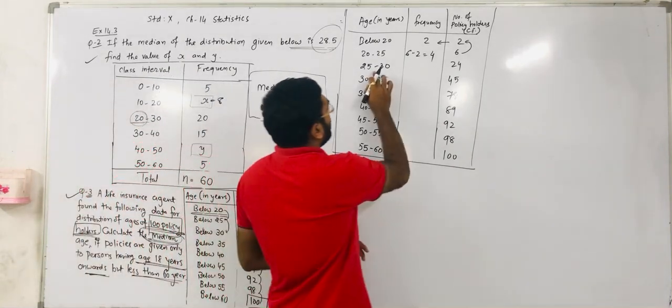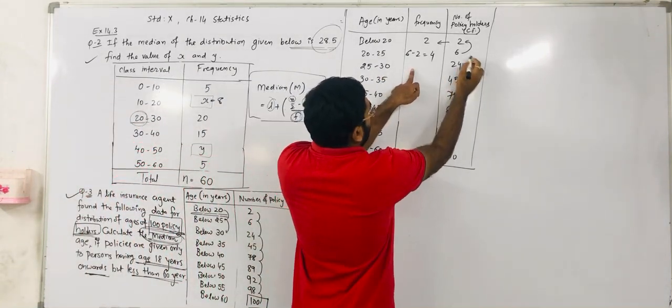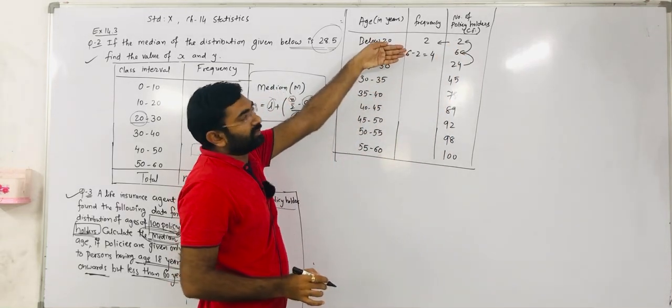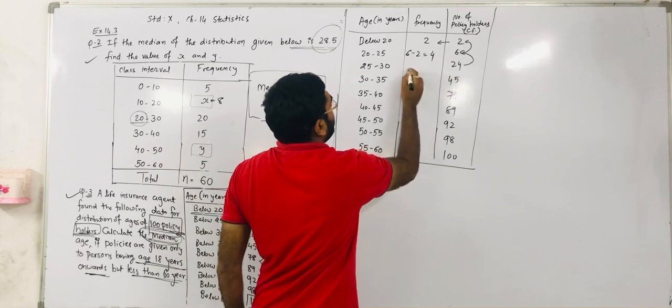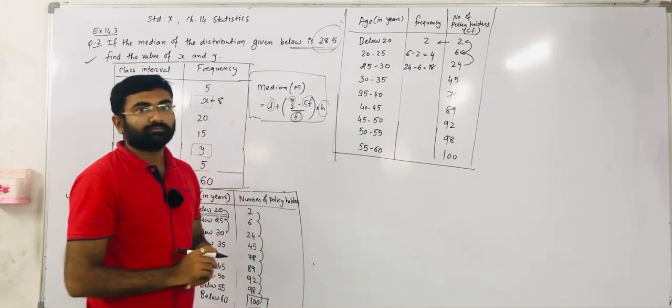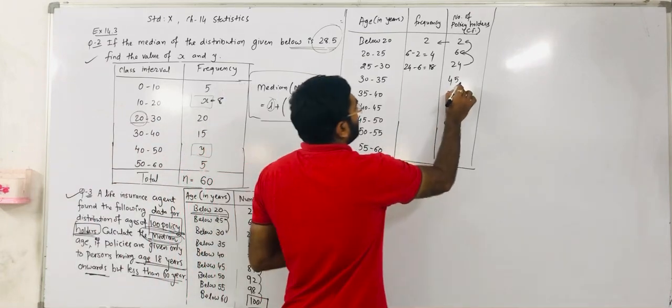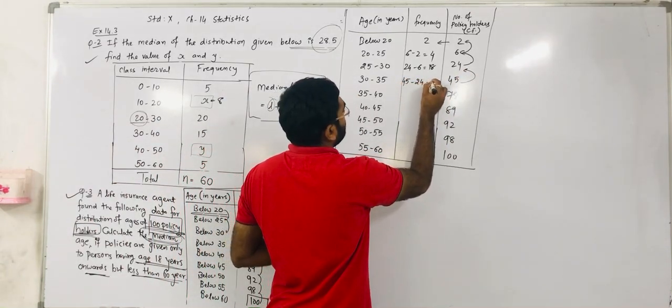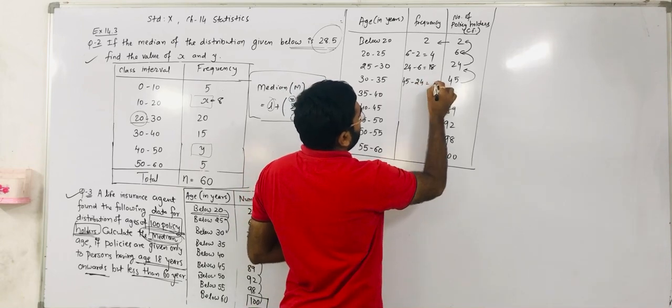Right? Same way, for finding that class frequency, you have to subtract the preceding class cumulative frequency, 24 minus 6. So what do we get? 18. Right? Same way 45 minus 24, so we get 21.